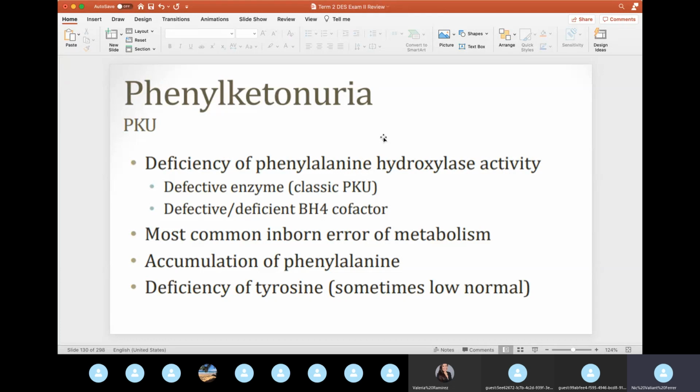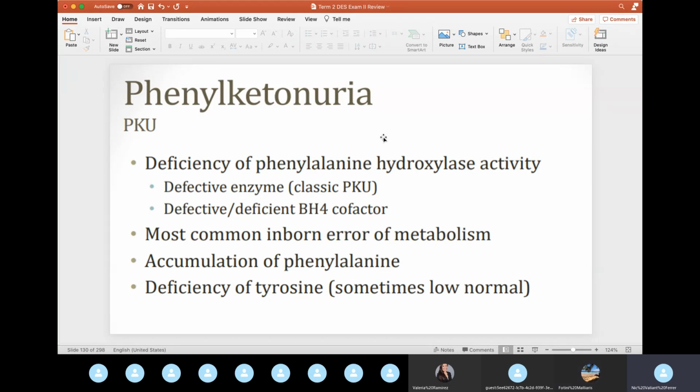And then from L-DOPA to dopamine, dopa decarboxylase. Excellent. Dopamine to norepinephrine, dopamine beta hydroxylase. What's the important cofactor there? Vitamin C. Excellent.